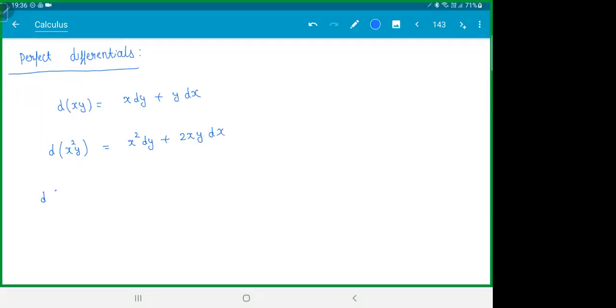It could have been anything, like let's say x by y. This would be a little more bad. 1 by y dx plus x into minus 1 by y square dy. So on. I can keep giving examples.